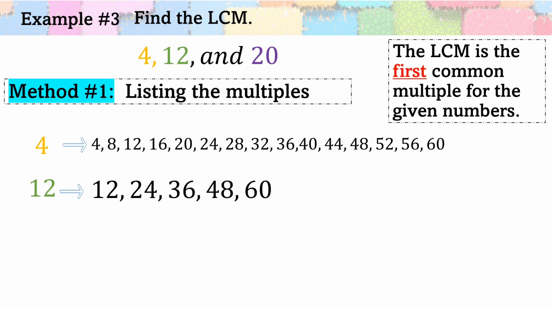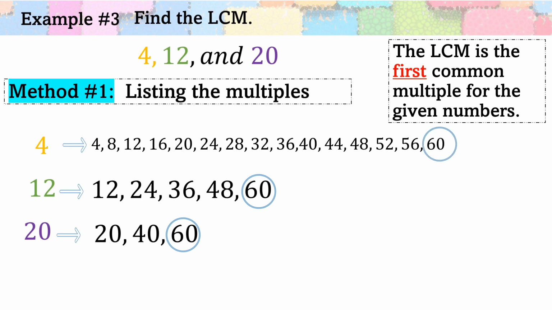And then for 20, there are 20, 40, and 60. Okay, we found the first common multiple for all the given numbers, 4, 12, and 20, and that is obviously 60. So that's the smallest common multiple, and it is also known as the least common multiple.